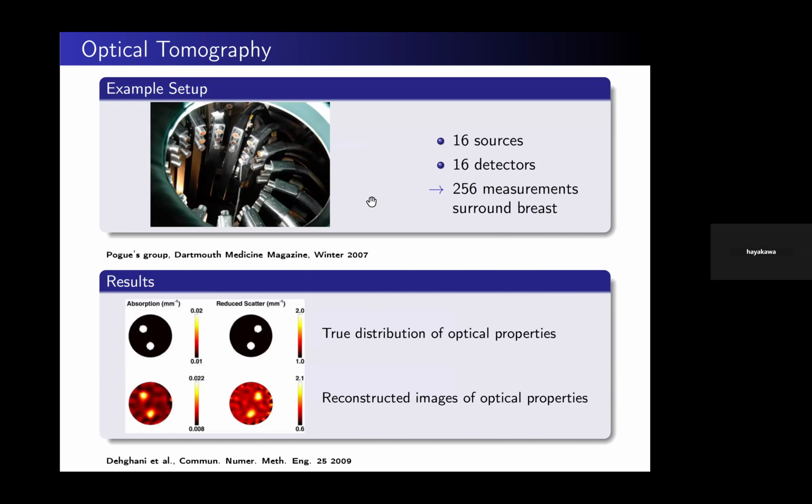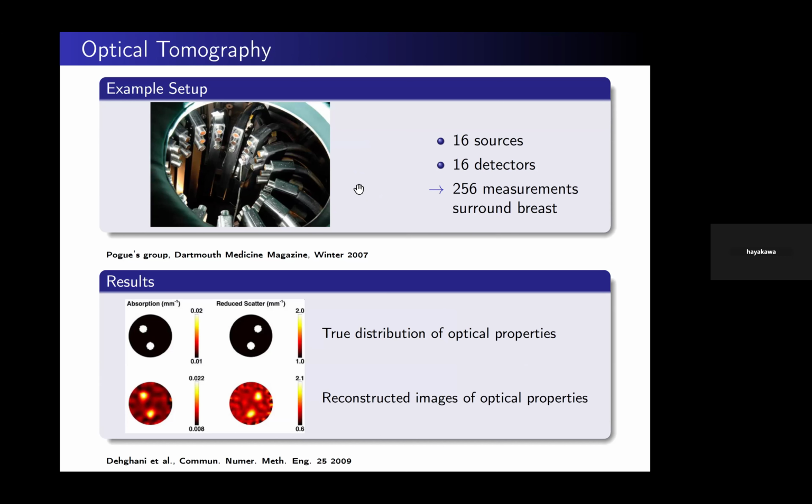Because we've got all set up with the Hessian and all these equations, we're going to go to optical tomography. This is an instrument by Brian Pogue's group to create a topological map of a breast. The woman lies prone. There are 16 sources and 16 detectors, so we have 256 measurements that surround the breast.